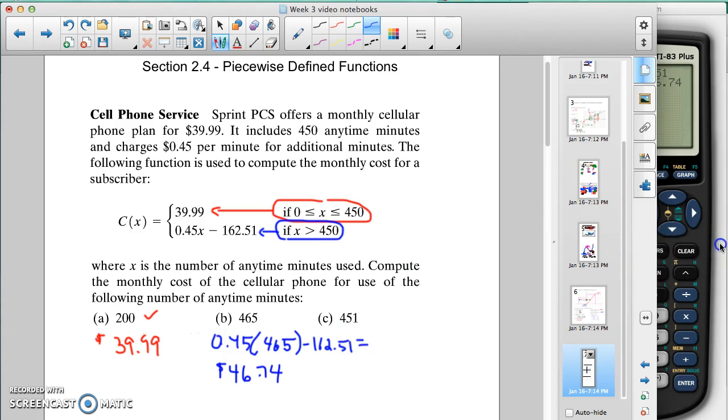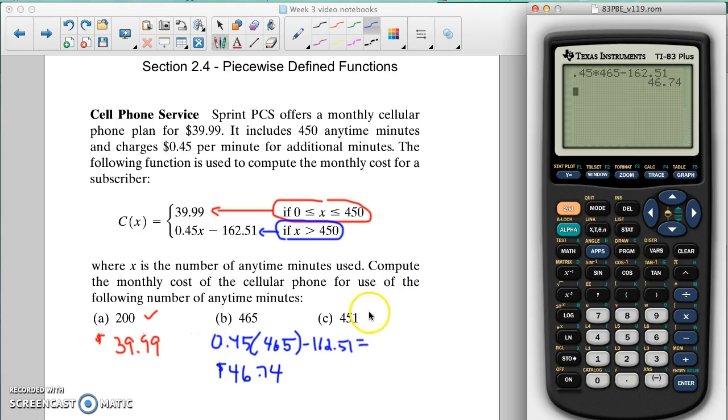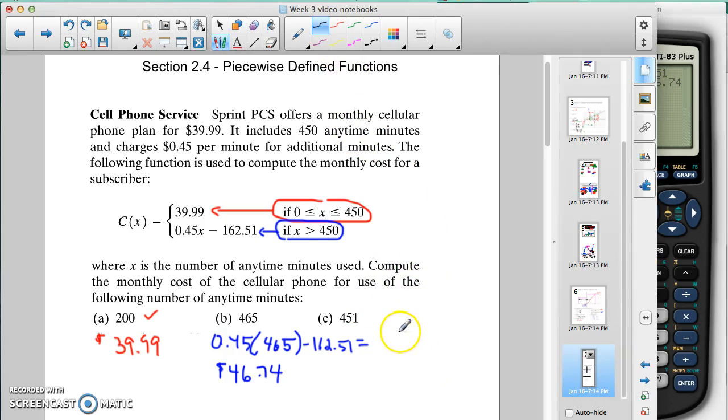Okay, and our last one, we're going to do the same thing, but we're going to plug in 451. So we're going to have 0.45 times 451 minus 162.51.